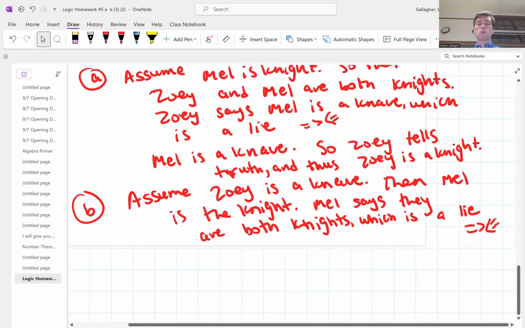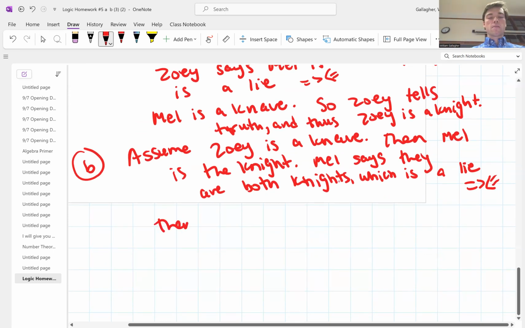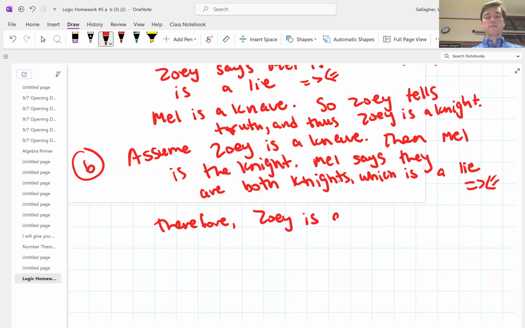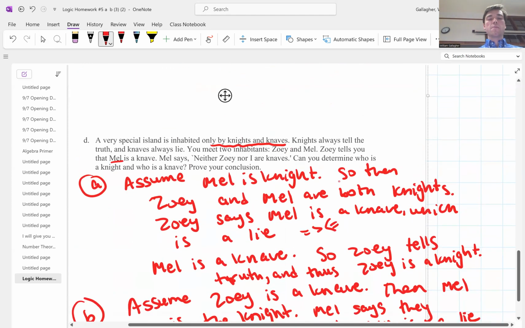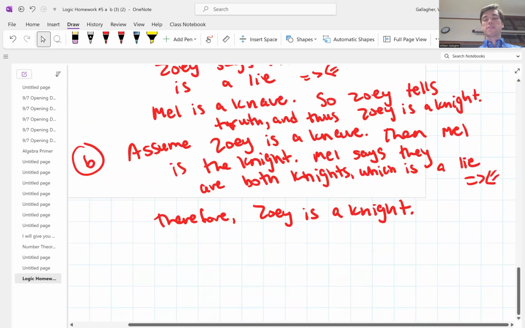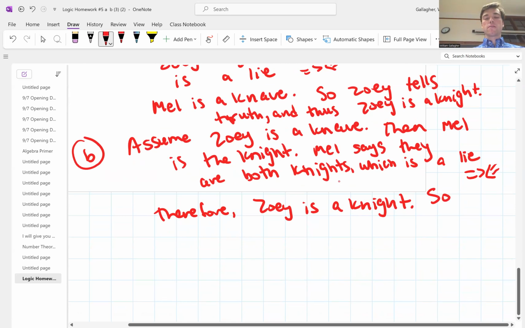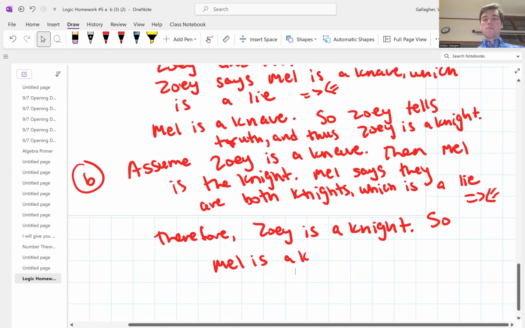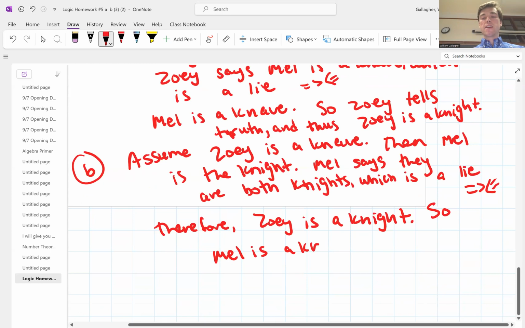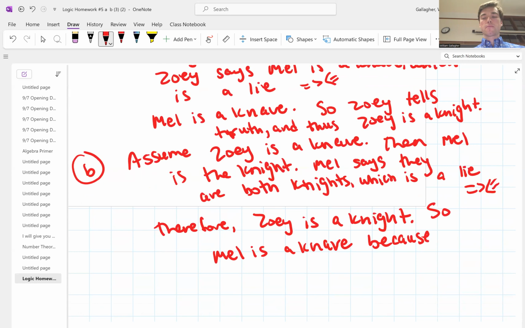Okay, so you can conclude, therefore, Zoe is a knight. And if Zoe is a knight, look what she says: she says that Mel is a knave. So Mel is a knave because knights tell the truth.